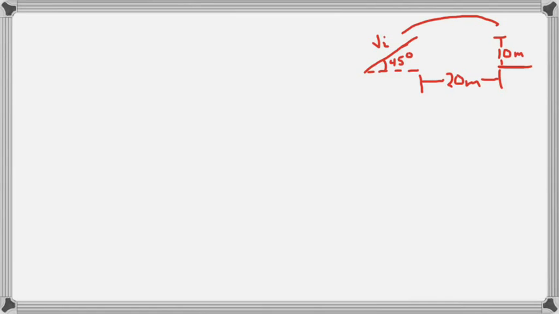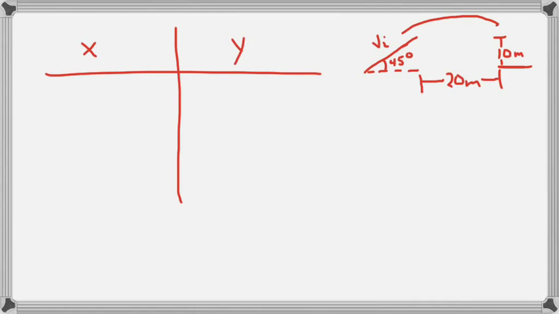Alright, so let's make our XY table. So let's put this into X and Y components, X and Y. And since this is a problem that's mainly talking about displacement, let's go ahead and write down the displacement equations in each direction.